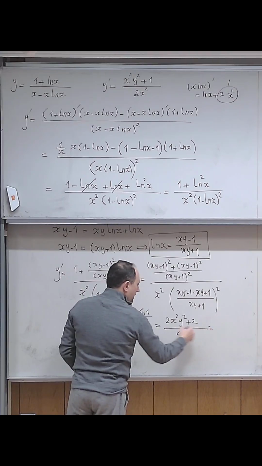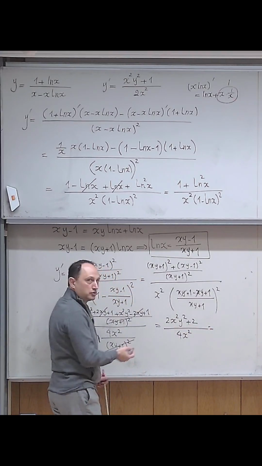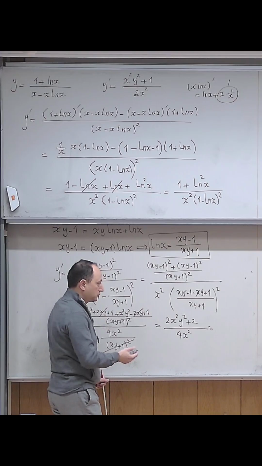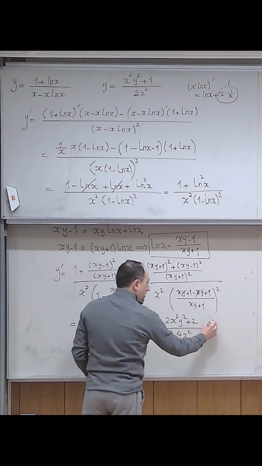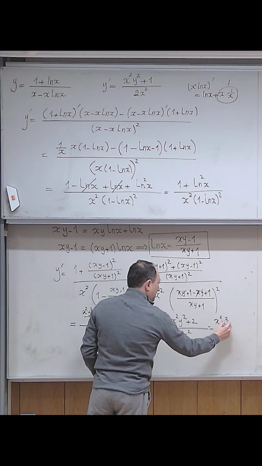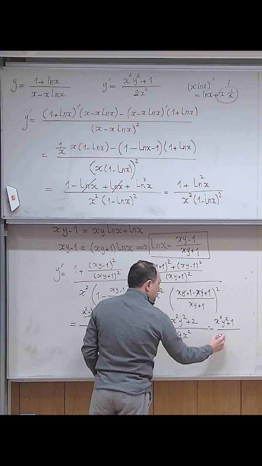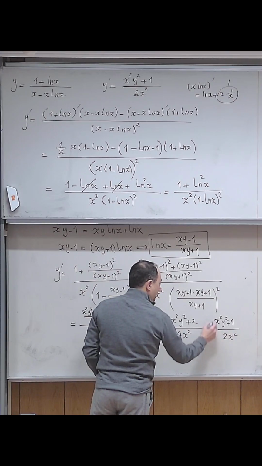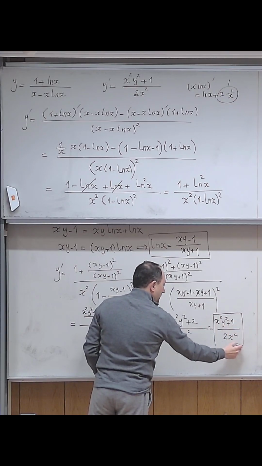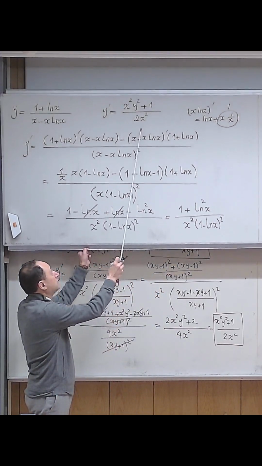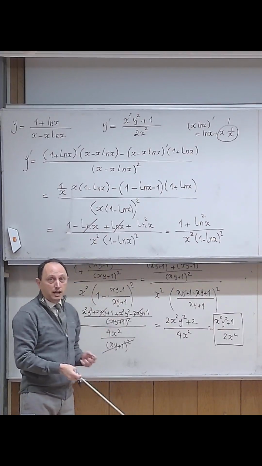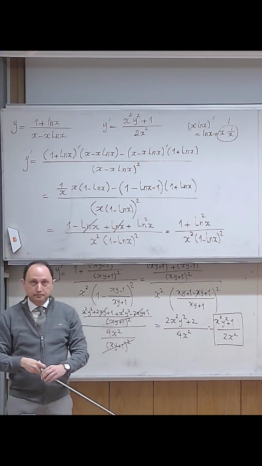And I divide everything by 2, the numerator and denominator, or in other words, I rescale the fraction by a factor of 1/2. So this becomes x squared y squared plus 1, and then this becomes 2x squared. And that is the y prime, which is actually demanded in this problem. So we have to calculate that, that is y prime.